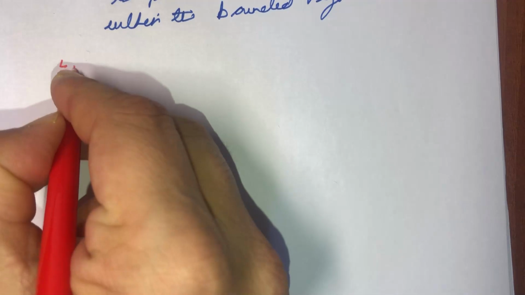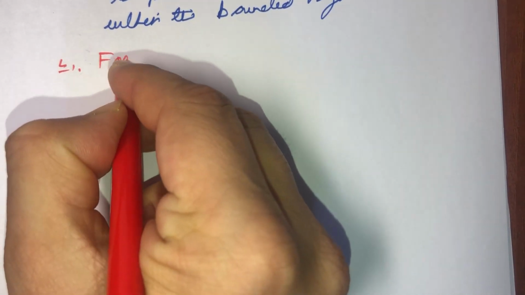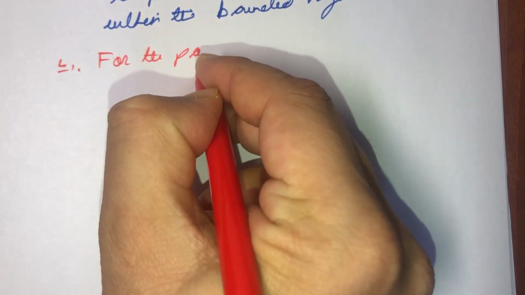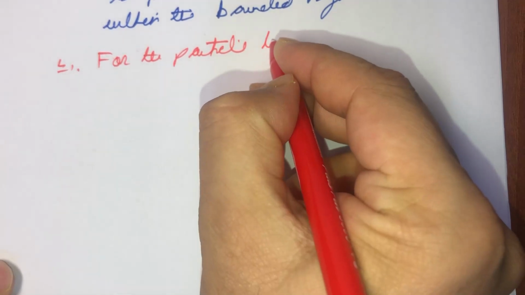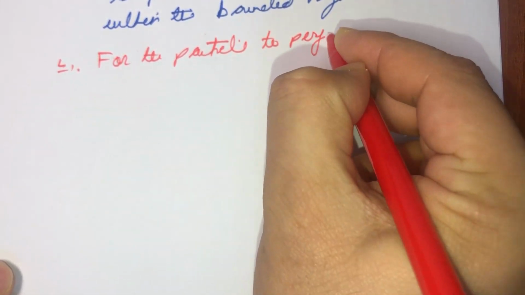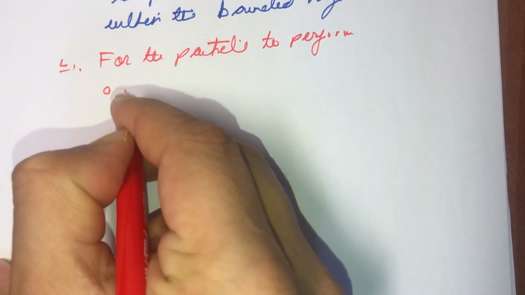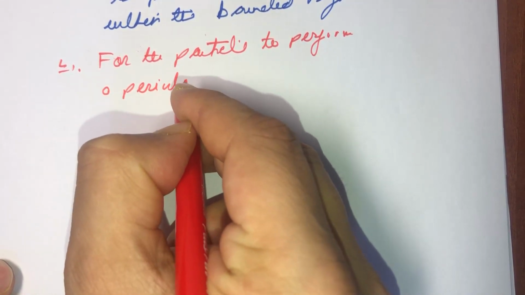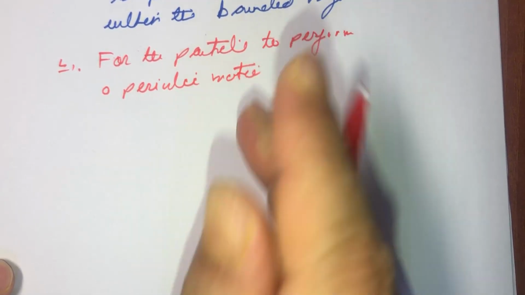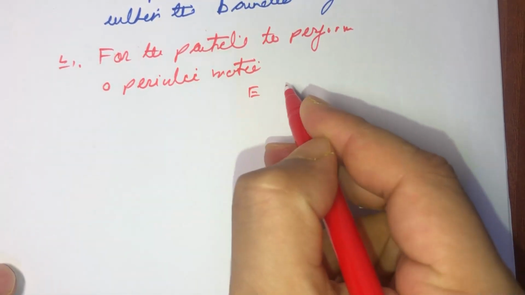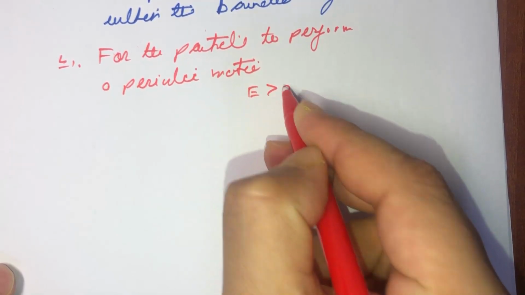So therefore, for the particle to perform a periodic motion, the energy E should be greater than 0.